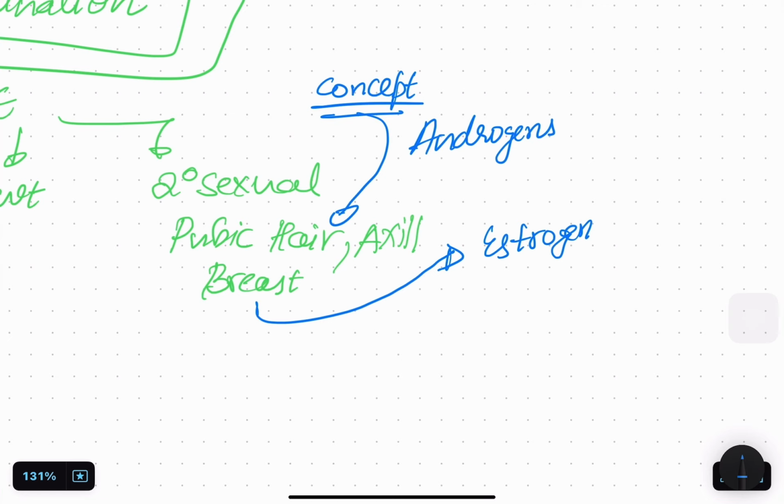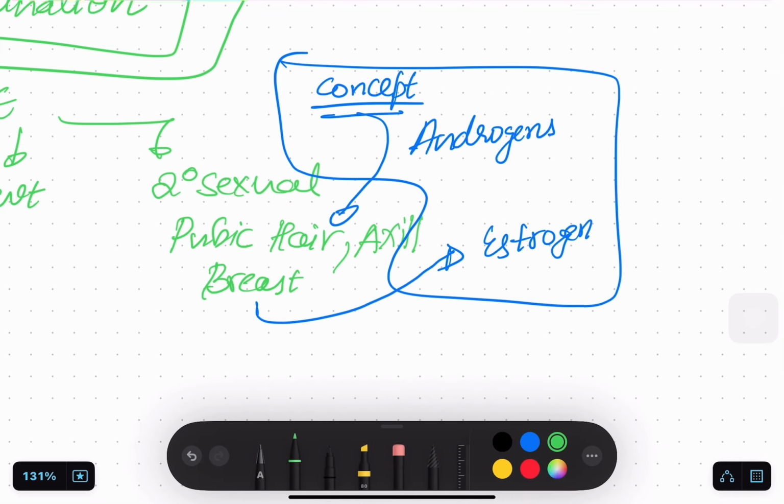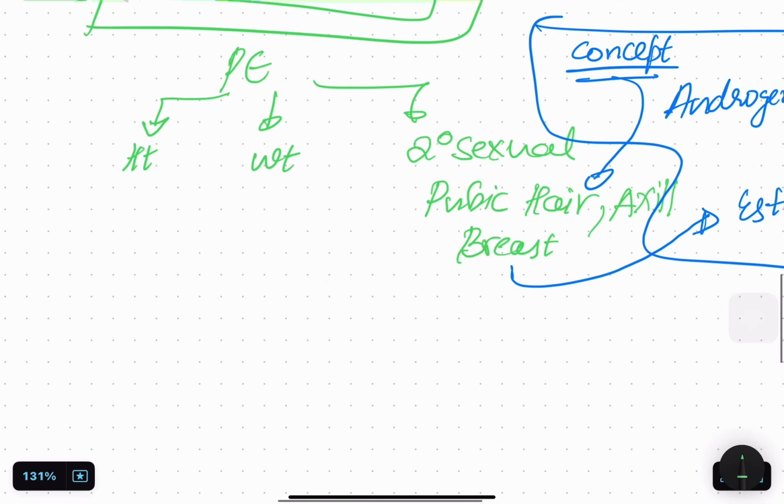If these two are not there, then these two are abnormal. For God's sake, remember this. I mean, there's nothing to remember. This is a simple concept. Concept is something which you need to understand. Then if this is there, then it's something to do with what? The uterus. Okay, I will come to it. This is the concept. Remember this. Now we'll classify the patient as normal, less, or abnormal.